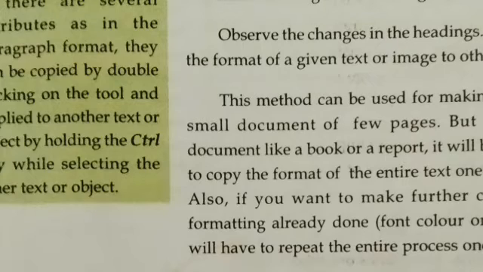Then the mouse pointer will change to the form of a paint symbol, the clone tool's symbol. Then, for the other text which we have to change next, hold the control key and drag through that heading or subheading. Then the others also we can do in the same method.